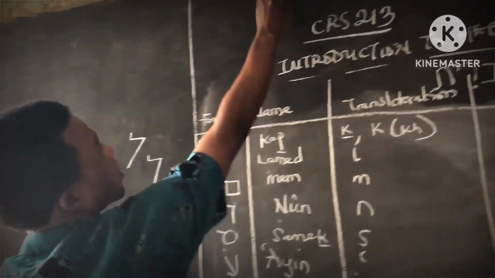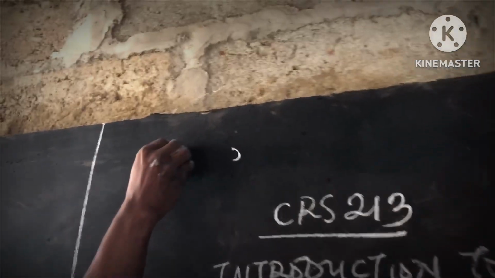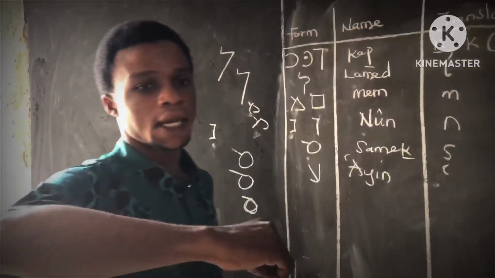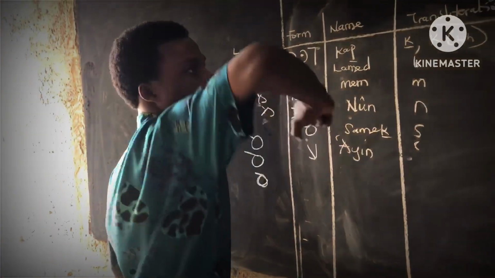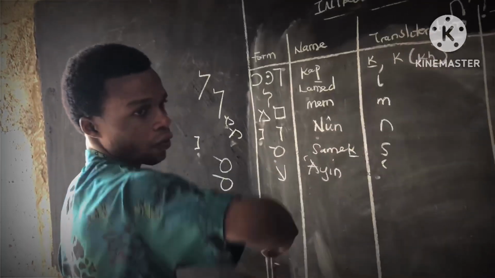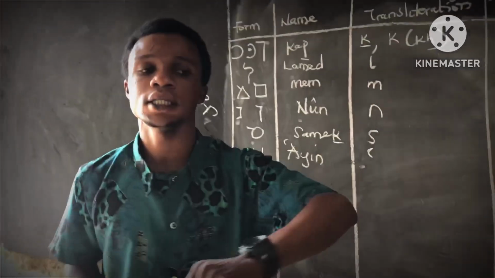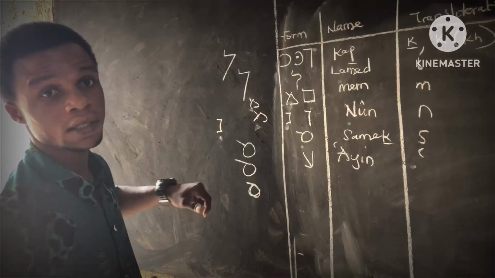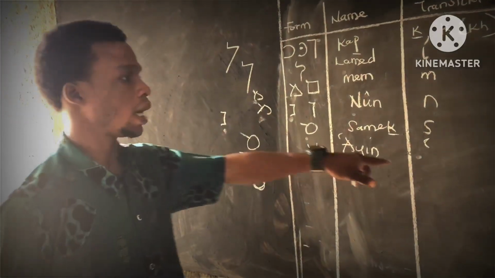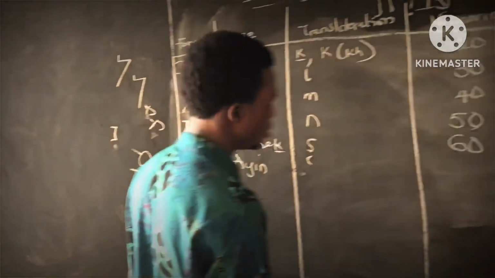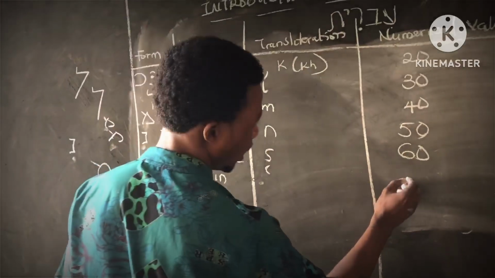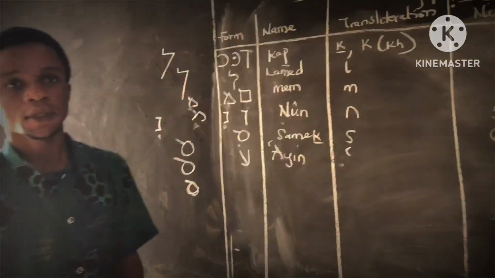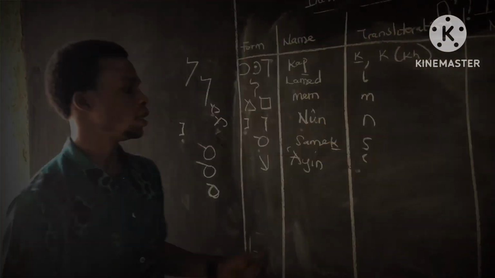Aleph is this, Ayin is this. You can just say, this is Aleph, it faces the other side, your right hand, and this is Ayin. Ayin comes from the other side. So this is Ayin, and Ayin represents number 70. So see you in the next video.